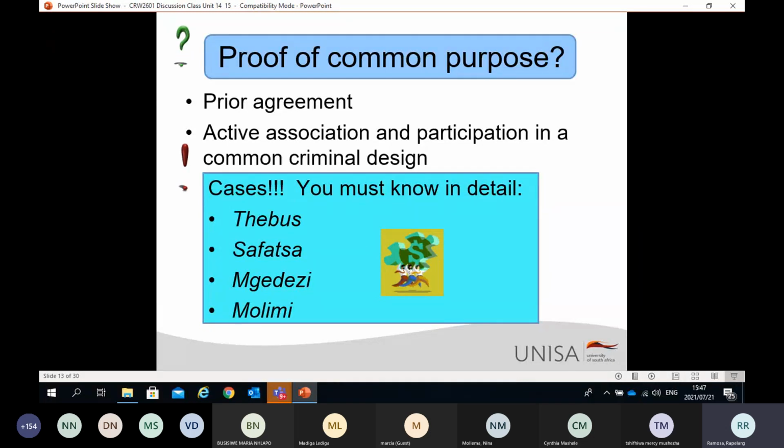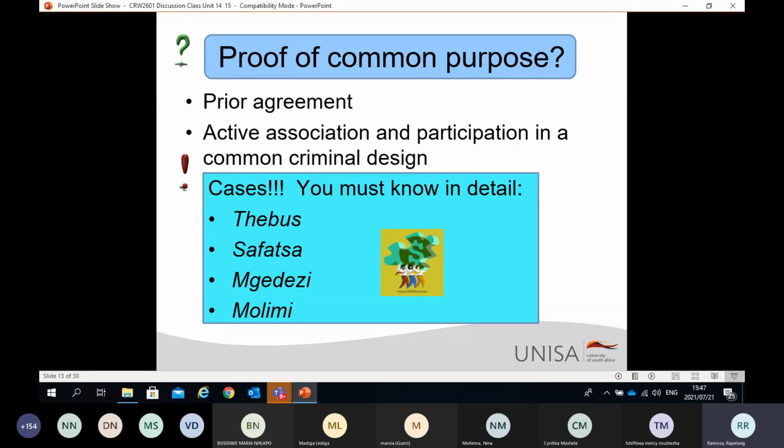But then what if, as usually happens, a further murder or a further instance happens which might not have been foreseen or might not have been part of that mandate? How then do we determine the liability of people in those instances? That is where the concept of dolus eventualis comes in.